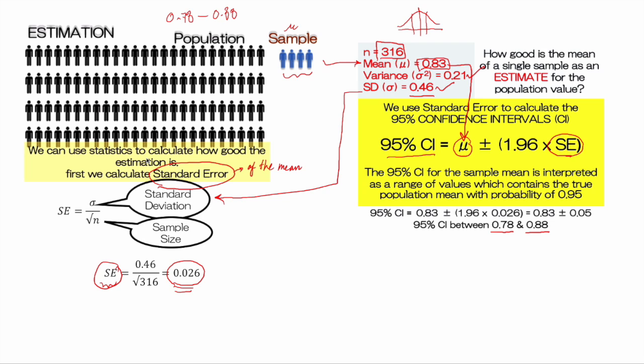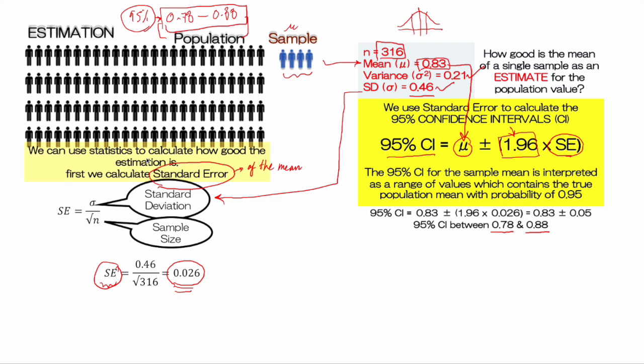This range is the interval, and we say we are 95% sure that the population mean will be between these two numbers. I'm going to explain where 1.96 comes from. It's always the same factor, the same value. We are not changing this one.